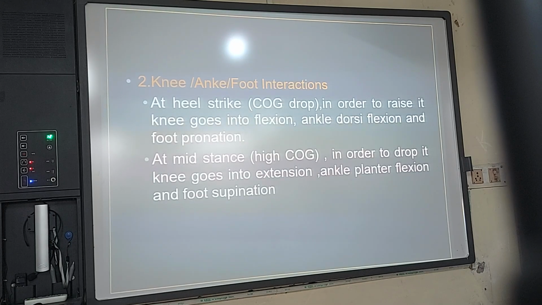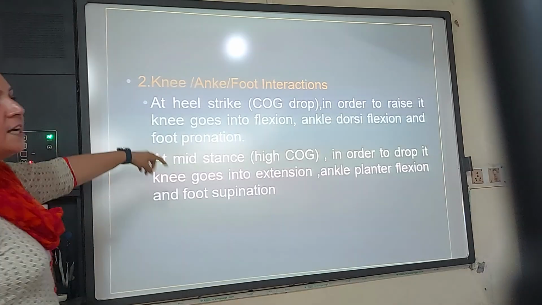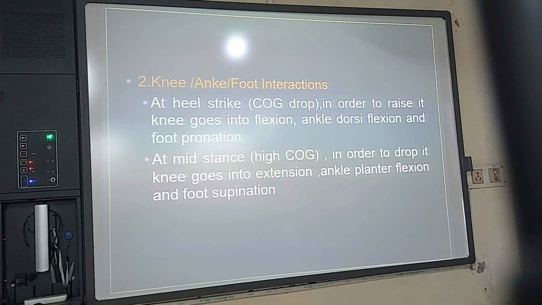In order to raise it, at heel strike it is at 0, 30, 0, 0, and suddenly this movement takes place: 30, 15, 5, 15, 15. Hip flexion continues to 30 degree of flexion, whereas the knee goes into 15 degree of flexion, and the foot goes into 15 degree of plantar flexion.